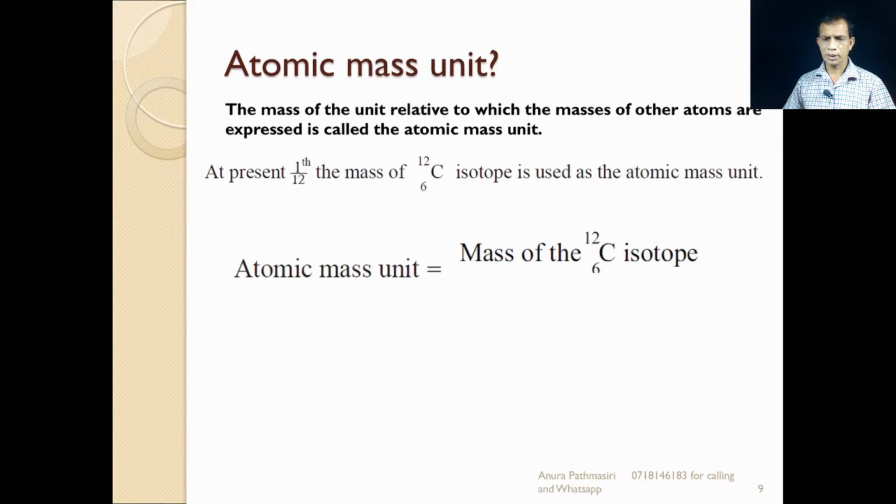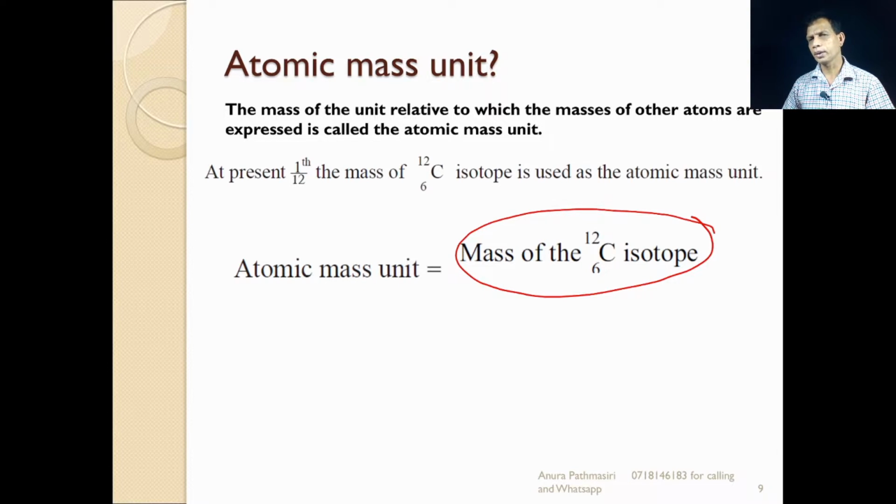So the atomic mass unit is taken as the mass of the carbon isotope in grams, divided by 12. You know why it is 12? Because protons and neutrons, altogether the massed subatomic particles, there are 12.